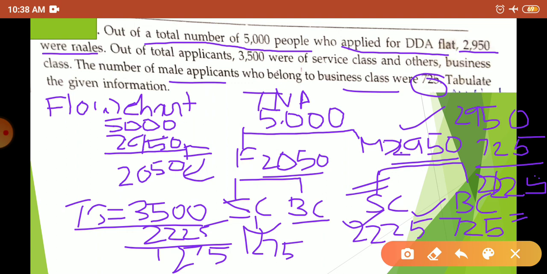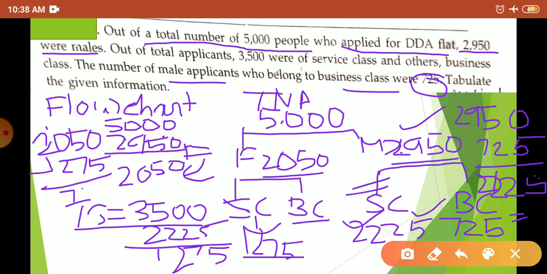So we are going to subtract. First we write the total number of female, 2050, and we are going to subtract the total number of female who belong to service class, 1275. When we subtract we get 775.